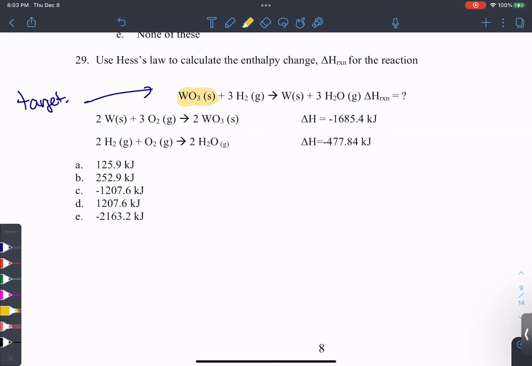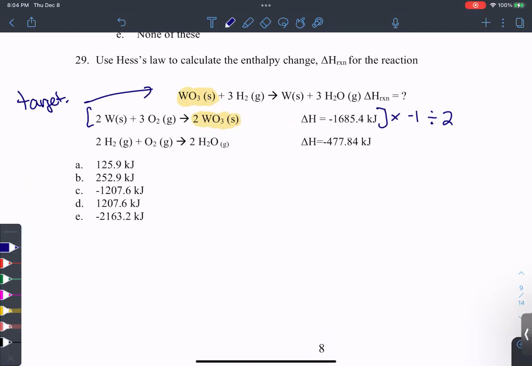Look at reaction 1. I have that substance, but is it on the right side? No. So what do? Yeah, multiply it by -1, that flips the reaction. Is it in the right number? No, so what do? Divided by 2. So whatever I do to the reaction, I also have to do to the delta H, okay.